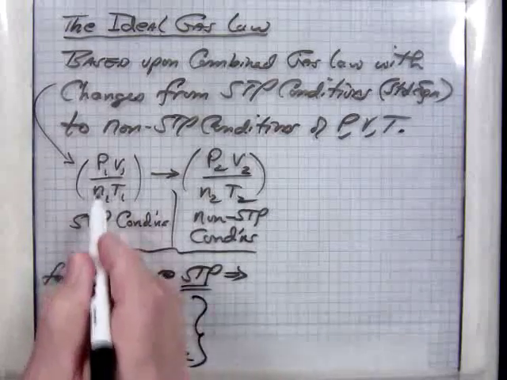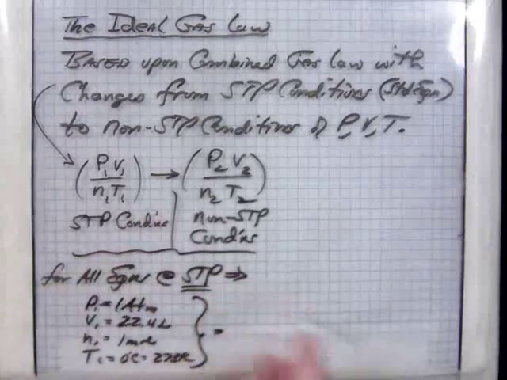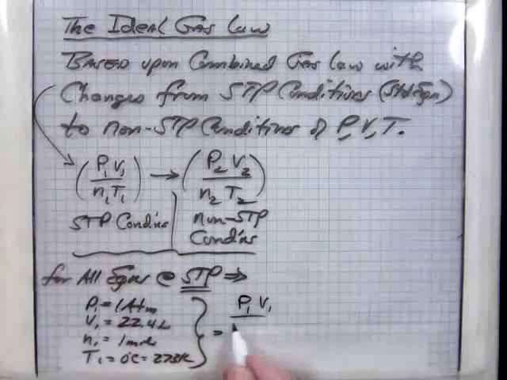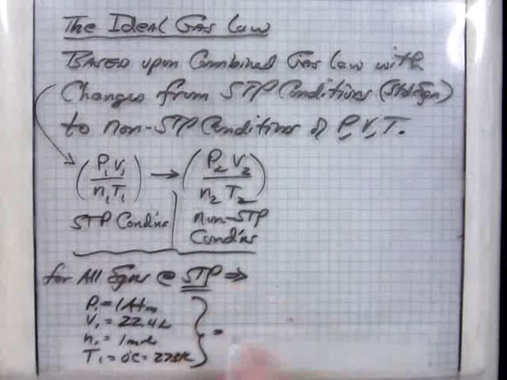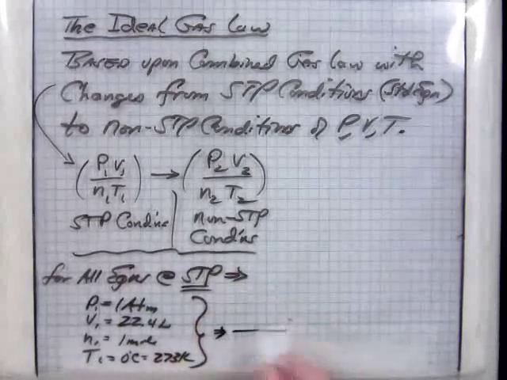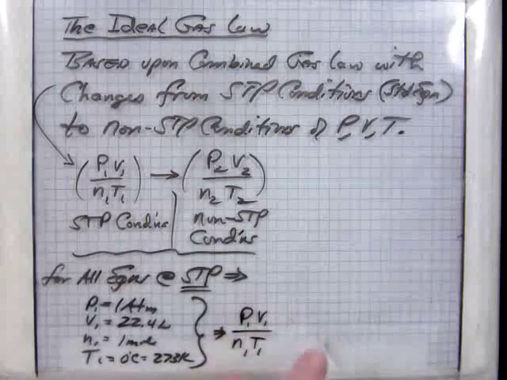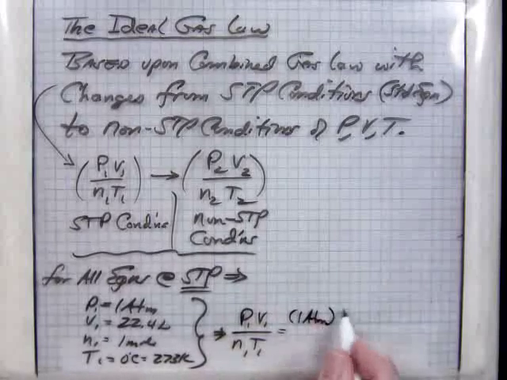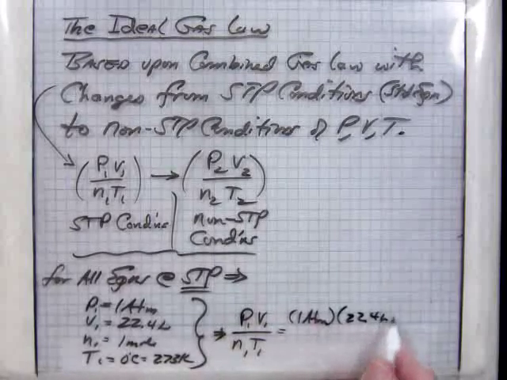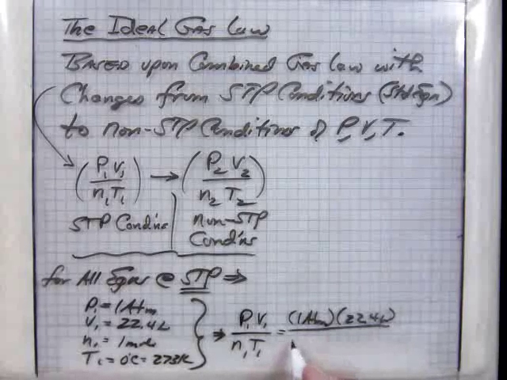So case 1 here is P1V1 over N1T1. Pressure is 1 atmosphere times volume 22.4 liters, but we have to specify, remember I said volume and mass are interrelated, 1 mole.